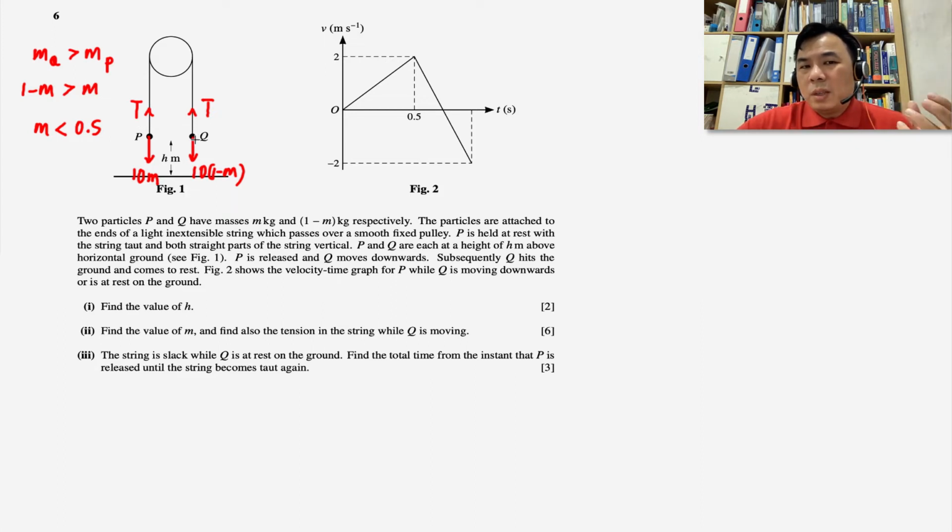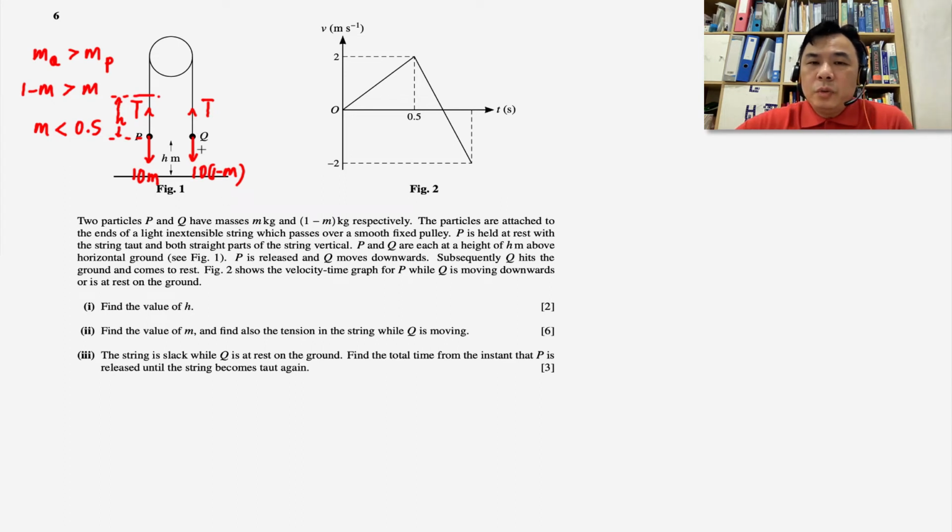Or we can say that the speed of Q when it touches the ground is exactly the same as the speed of P when it has moved h meter up from its original position.